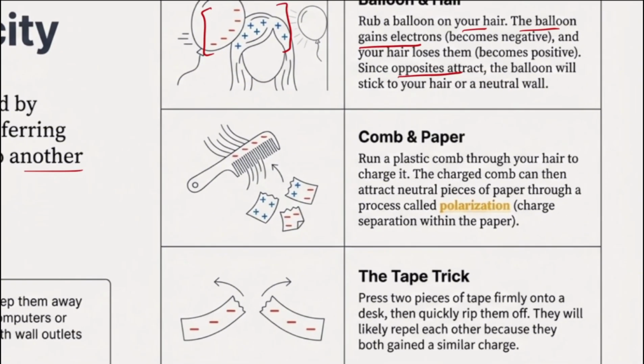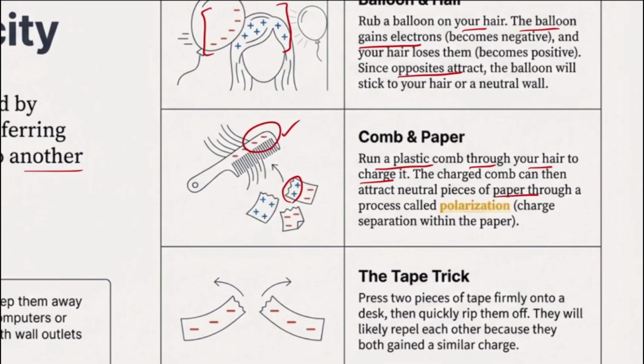Comb and paper: run a plastic comb through your hair to charge it. By doing that, you're giving electrons to the plastic, and it's going to be negative. If you bring it close to pieces of paper, they're going to attract each other, because at the beginning the paper was neutral, but after some time the paper gains a positive side, and the negative and positive attract each other.